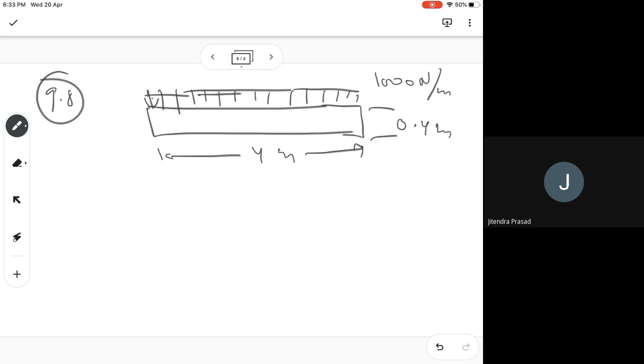This is a cantilever beam, fixed at one end, and the load is downward. Young's modulus is given: E is equal to 3 times 10 to power 11 Pascal. Nu is also given, 0.3. And now you have to solve.